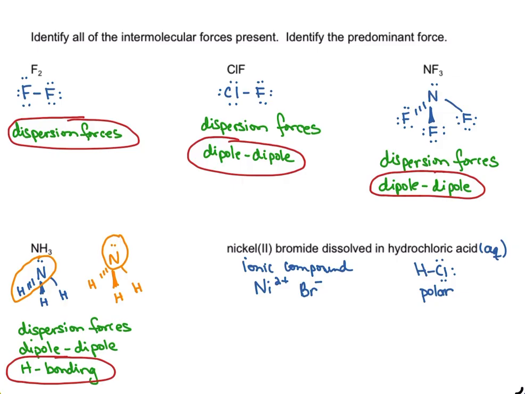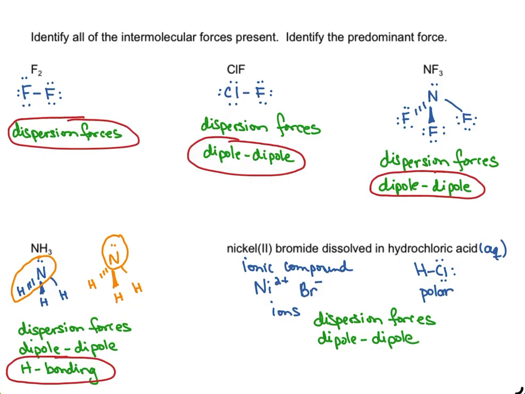If an ionic compound gets dissociated, it gets dissociated into ions. An ion in a polar molecule, we have some forces here. So all of the forces is dispersion forces, because all molecules have dispersion forces. And we have some polarity, so we can say there's a dipole-dipole force being present here. And we want to not forget that hydrochloric acid is an aqueous solution.